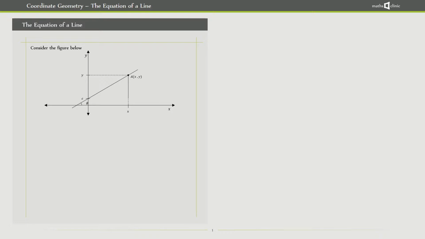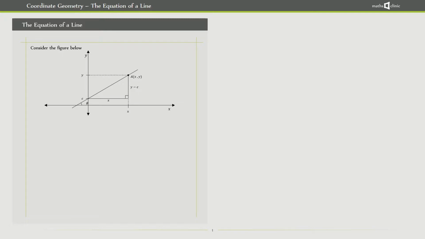Now the next thing I want to do is draw this triangle from C. It's a right angle triangle, and what you notice is that the opposite side of this right angle triangle is y minus c, and the adjacent is x.